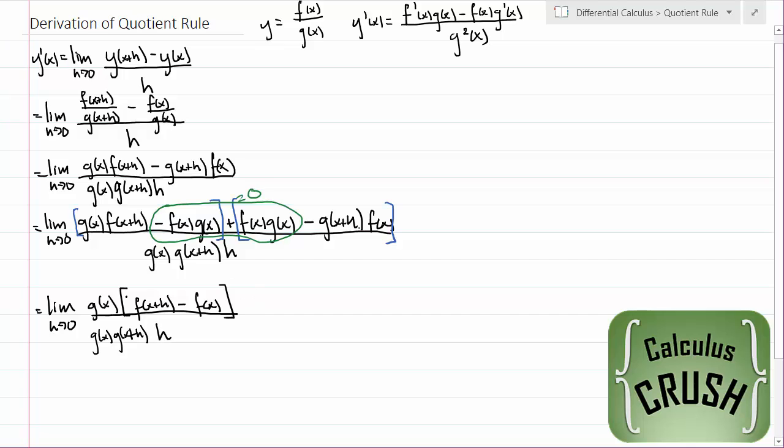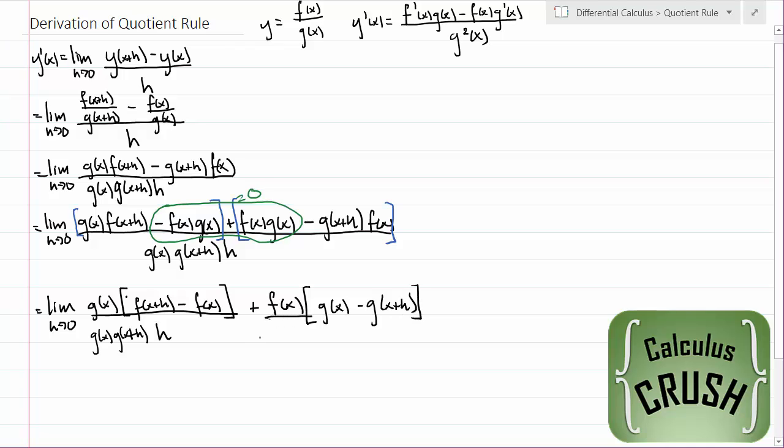Now for this second term in blue, I'm going to factor out an f of x, which is common between them, plus f of x, and we have g of x minus g of x plus h.